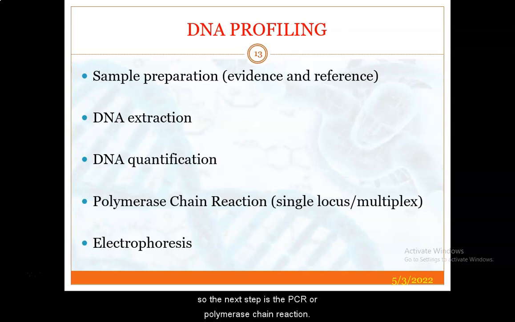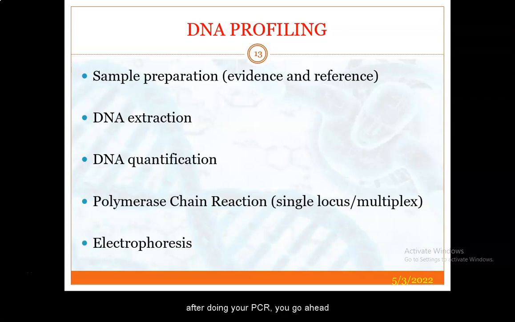So your next step is the PCR, or polymerase chain reaction. You can either analyze a single locus or you can do a series of loci at the same time, that's multiplexing. Kits like GlobalFiler, Identifiler, the Promega kits, they all allow multiplexing, which is very good in forensics.